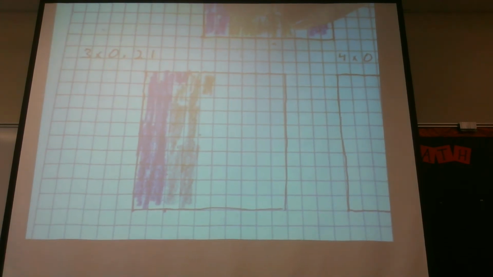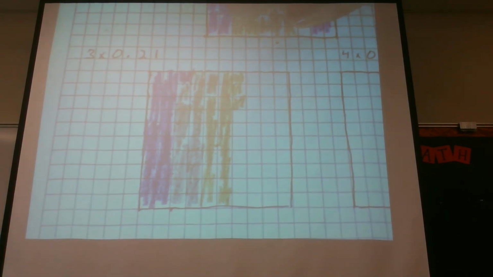That's 21. Are we on the third one? Yep. And 21. So that's 3 groups of 21 hundredths.